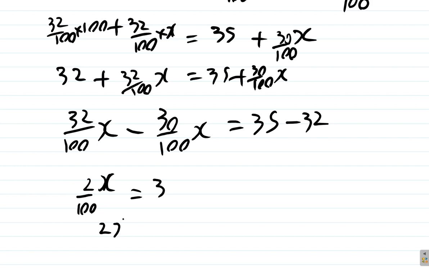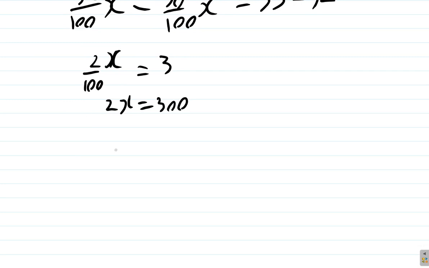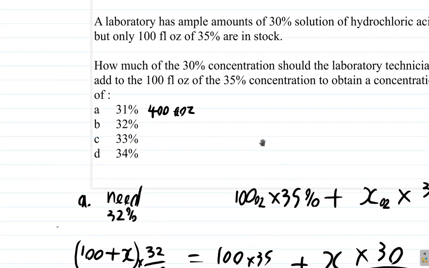Which means, if we multiply both sides by 100, 2x is 300. And then you divide both sides by 2. x is 300 over 2, which is 150. So part B is 150.